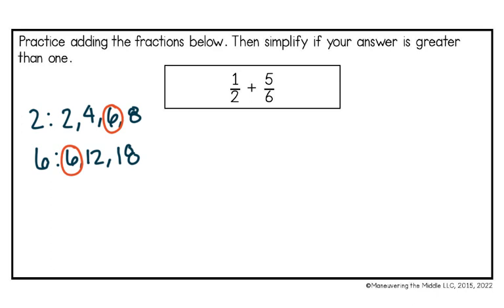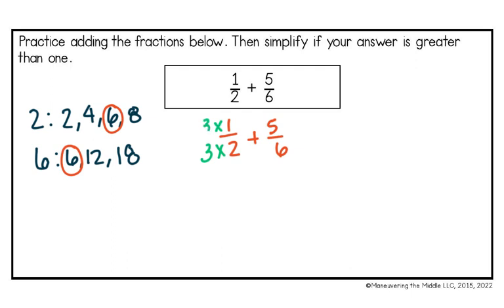So that is 6. So I have 1/2 plus 5/6. I don't need to change 5/6 because we're using 6 as our least common denominator, but I need to rename 1/2. So I'm going to do that by multiplying by 3, because 3 times 2 is 6. And whatever I do to the bottom, I have to do to the top.